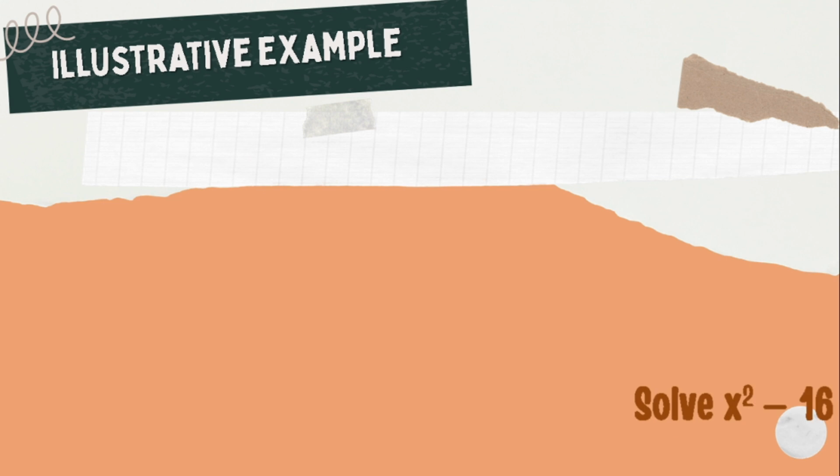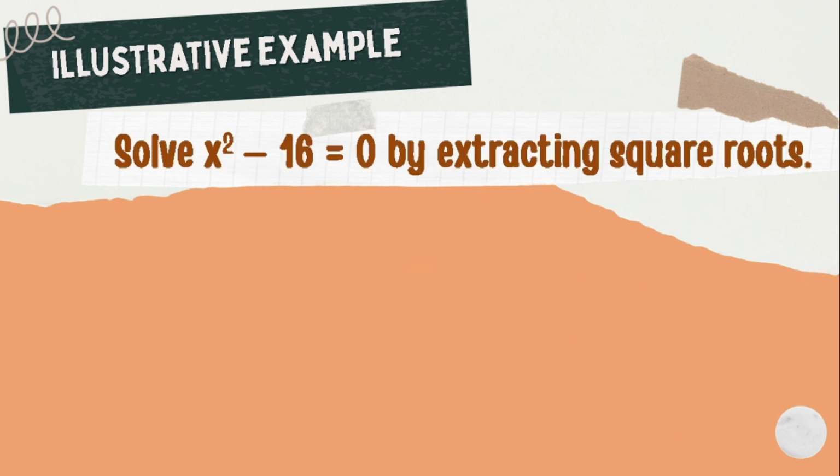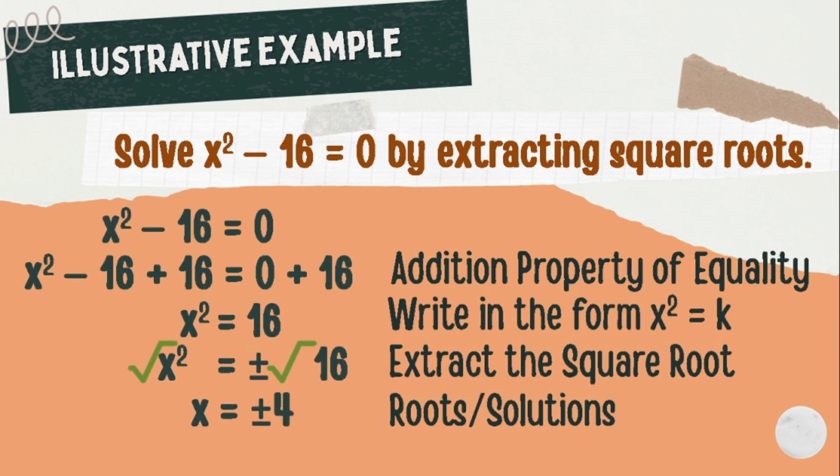Number 1, solve x squared minus 16 is equal to 0 by extracting square roots. To solve for this, we will be applying APE to isolate the constant negative 16. So we have now x squared is equal to 16, that is in the form x squared is equal to k. Next, to solve for the value of x, we will get the square root of both sides.